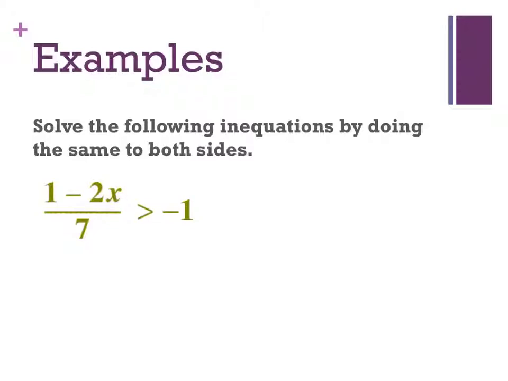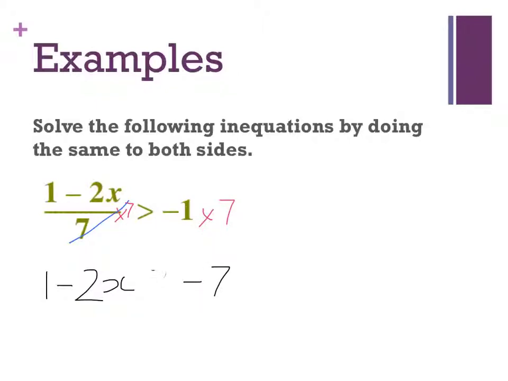So I actually have to multiply both sides by 7 in order to get rid of this 7 down here. So then I'm left with, if it's divided by 7, multiplied by 7, that cancels out. So it's 1 subtract 2x is greater than -1 multiplied by 7 is -7.